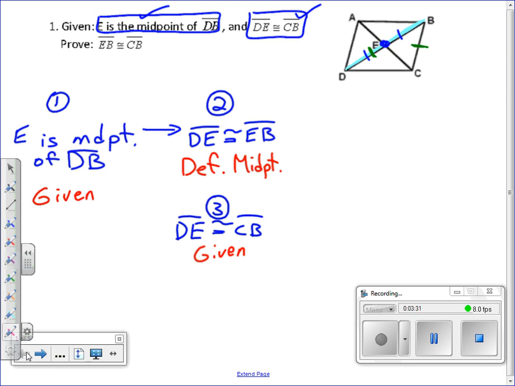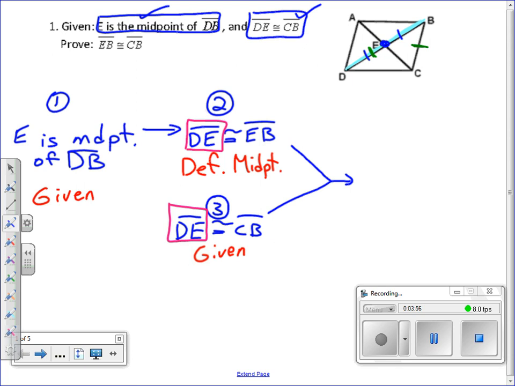I know that I can use it if I can pick out a segment that matches. So number 2 had a segment DE, and number 3 had a segment DE. Okay, so if both of the segments that are with those are both congruent to DE, they should be congruent to each other. So I can put these 2 together. How you draw it is kind of up to you, but you want it to make sense.